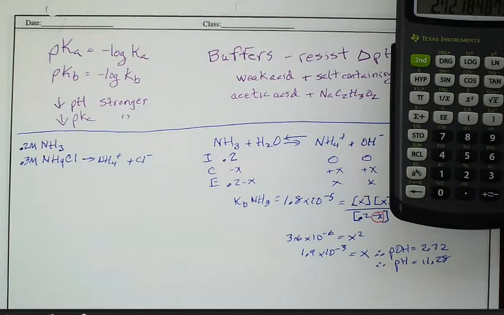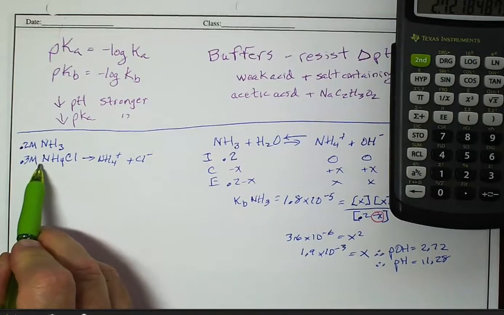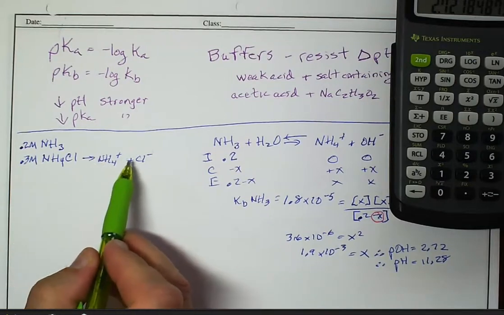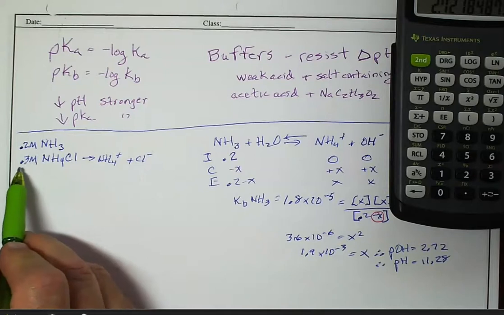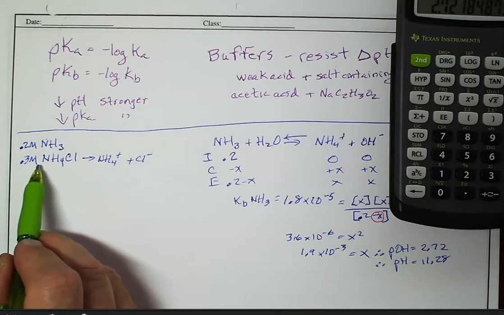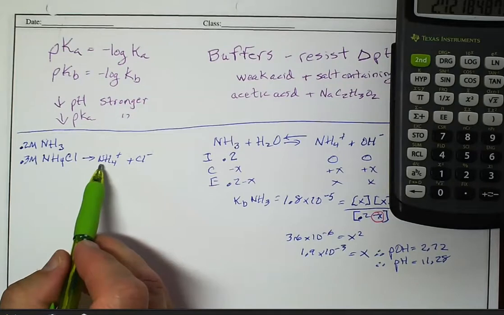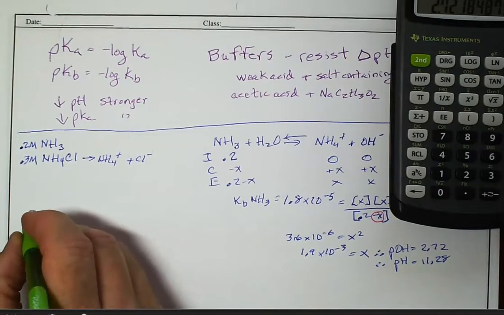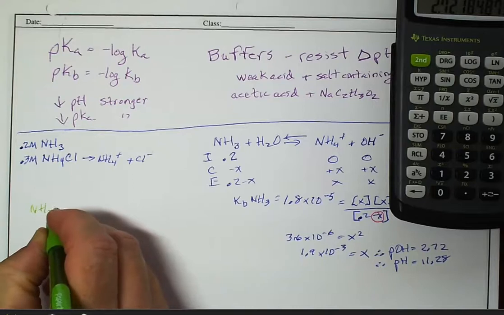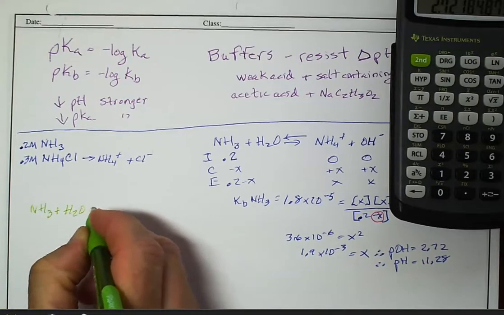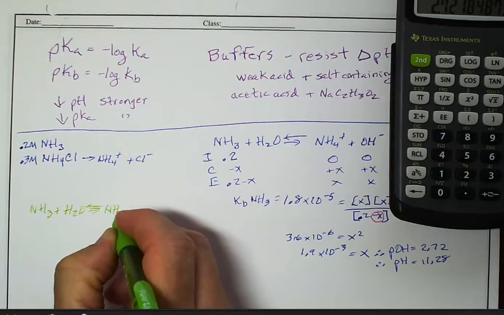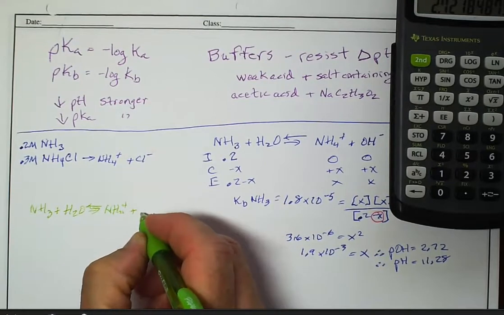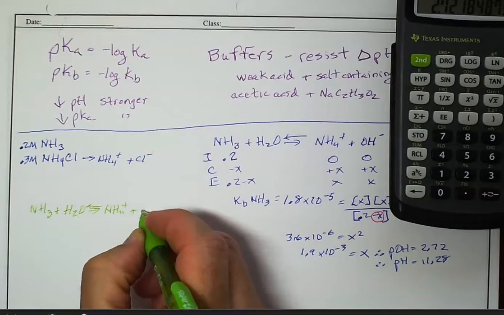now we need to do that again. This time we're going to include the 0.3 molar ammonium. Remember, if one ammonium chloride comes apart, we get one ammonium and one chloride. So when 0.3 molar ammonium chloride dissociates, we get 0.3 molar ammonium. So we're going to do this all over again. We're going to say NH3 plus H2O, we're going to get NH4 plus and OH minus.